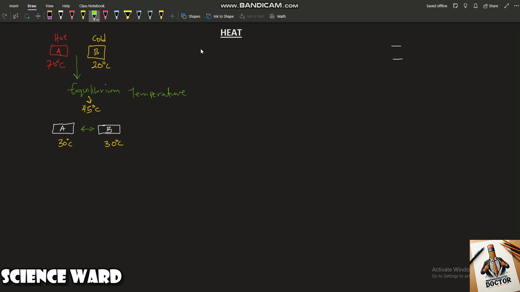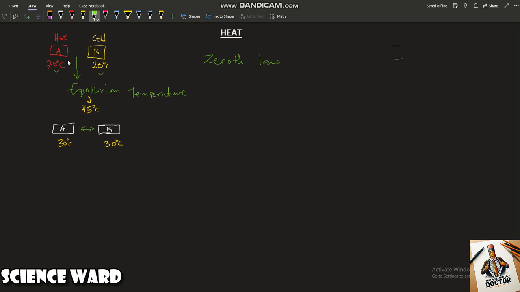And this is a simple explanation of the zeroth law of thermodynamics. So in this case, if we take our thermometer and measure the heat energy of A, you notice it is 70 degrees Celsius, and then we measure the heat energy of B and it's 20 degrees Celsius.